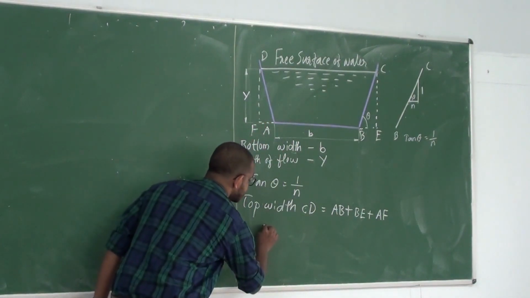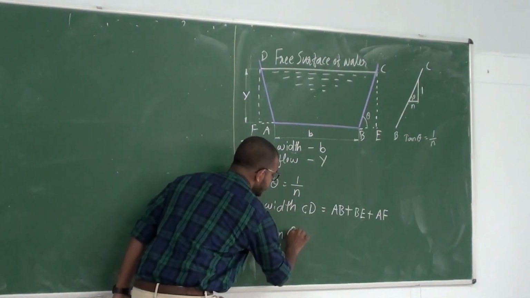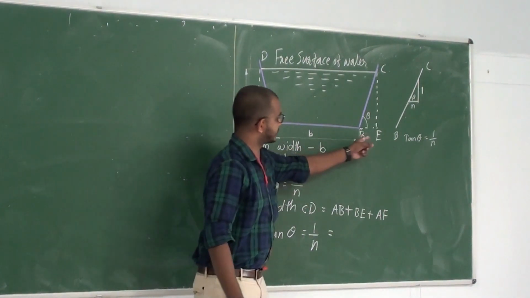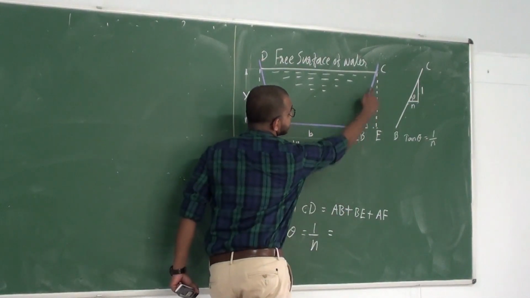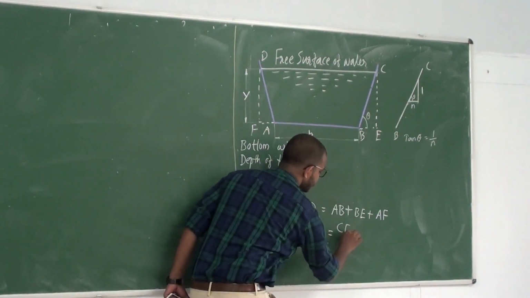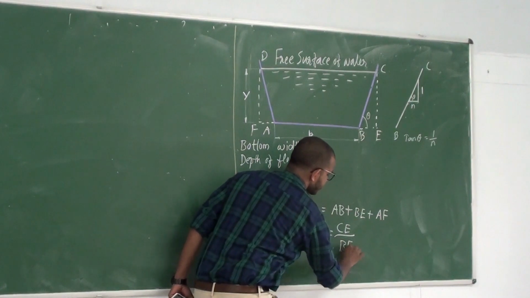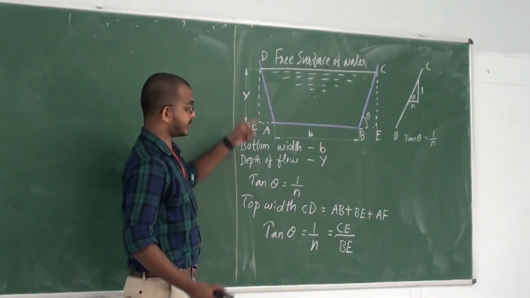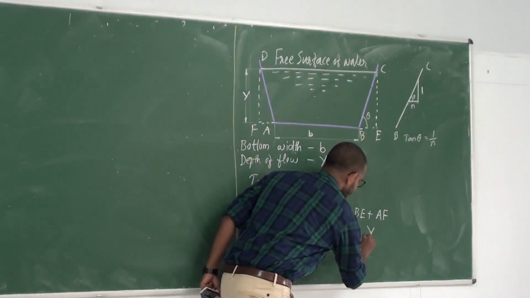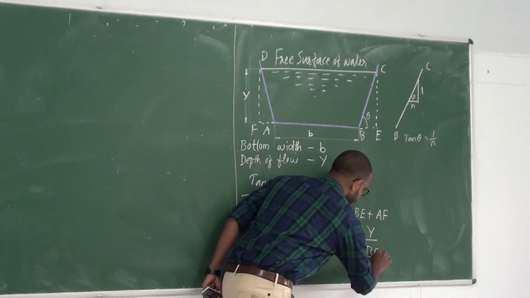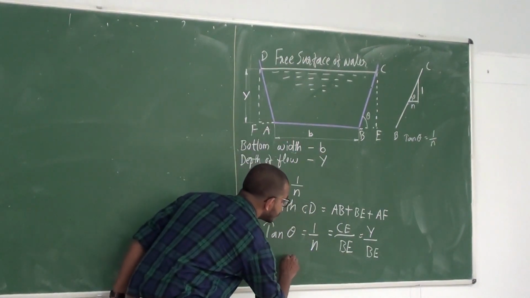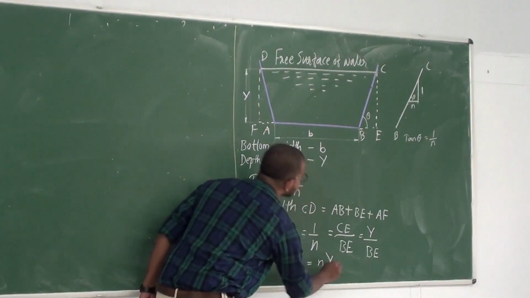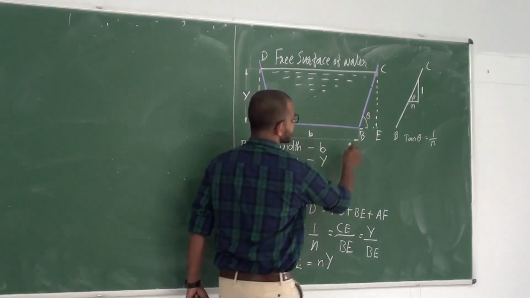For that, let us take tan theta. Tan theta is equal to 1 by n, that is equal to CE by BE. But CE is equal to the depth of flow Y. So that is Y by BE. So from this equation we have BE is equal to nY. So the distance BE is equal to nY.